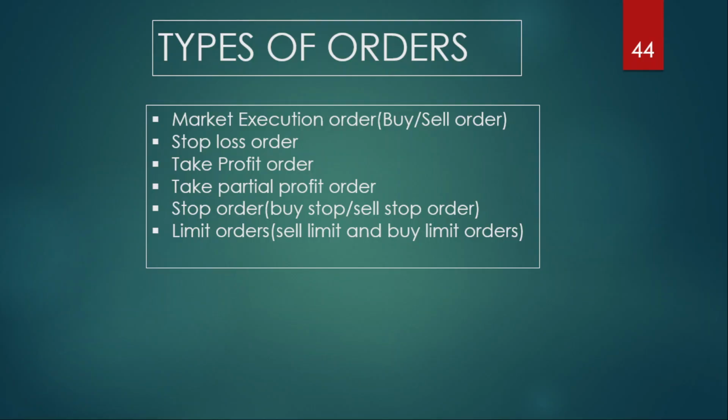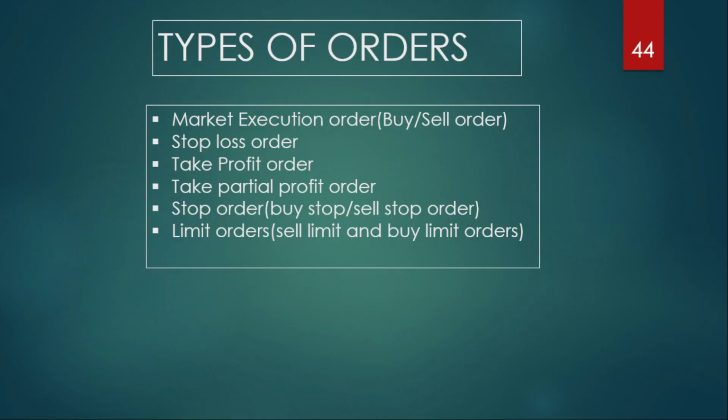Then you could take profits of lot size of 2 and leave lot size of 1 running. You can take partial profits for lot size of 2 in the 3 and then leave lot size of 1 still running. That is called taking partials.